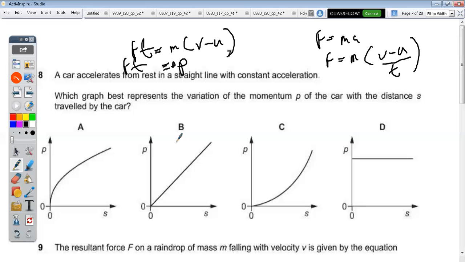Is that true what you're saying? Yes, that Ft is equal to change in momentum. But they said the change in momentum is constant. So what's the correct one?